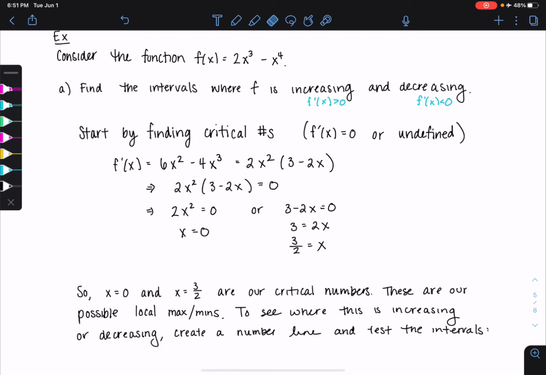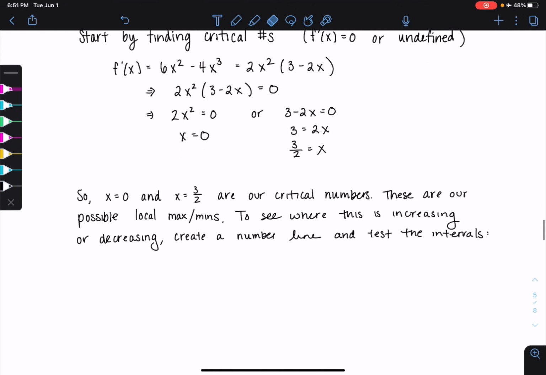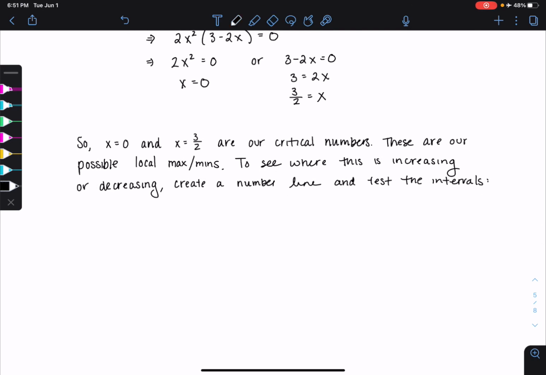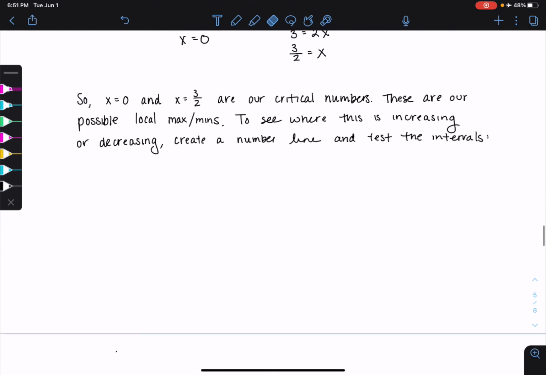So we need to see where this is increasing or decreasing. We're going to create a number line with these values and test our intervals. Okay. So I'm going to create a number line.